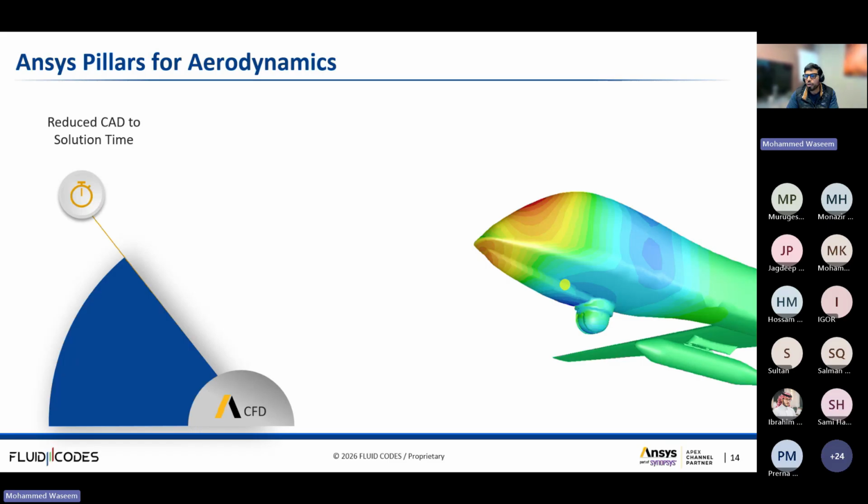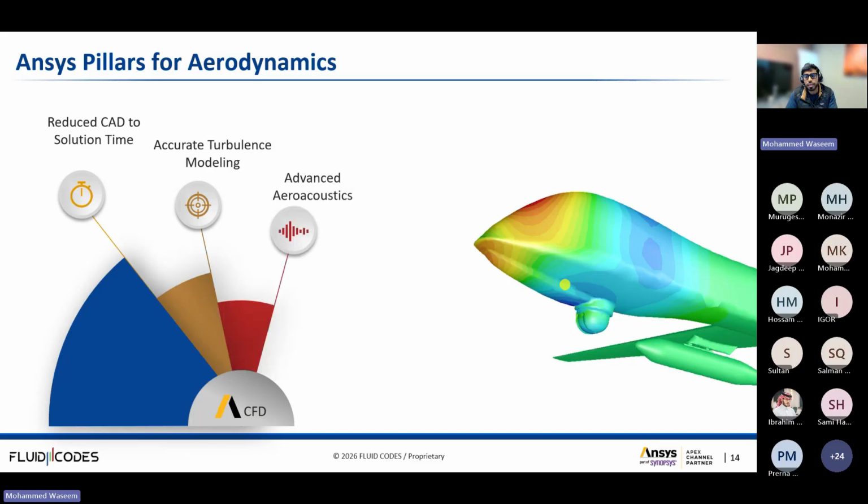First, we focus on reducing the CAD-to-solution time so we can screen more concepts early and iterate faster. We then apply the right turbulence modeling so you can compute lift, drag, and flow separation. And if acoustics really matter to you, we can extend this analysis to aeroacoustic simulations.